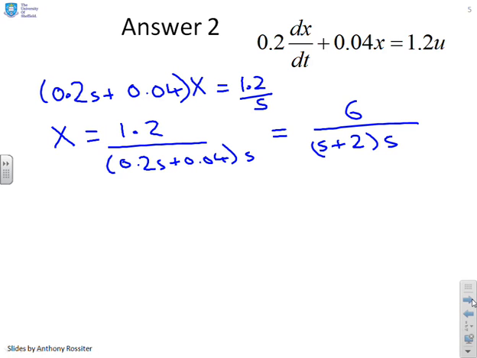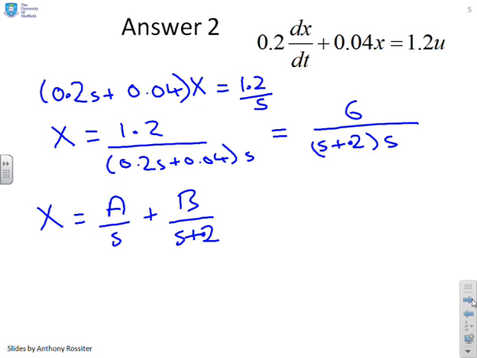Now, as normal, I can treat this as partial fractions, so I get x equals a over s plus b over s plus 0.2. Sorry, I should have a 0.2 there, I do apologise.